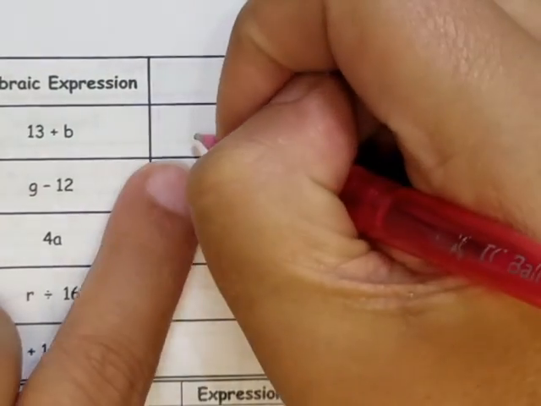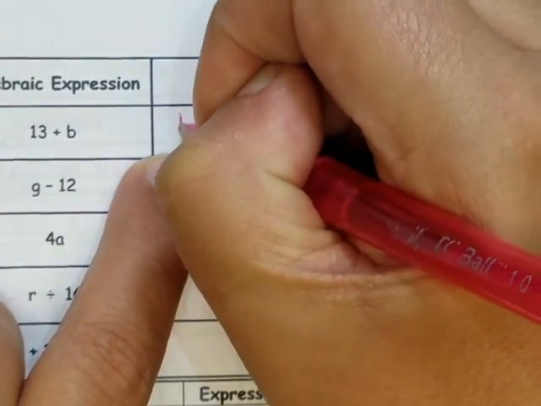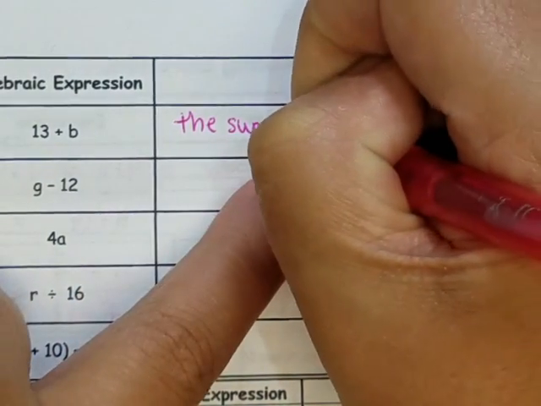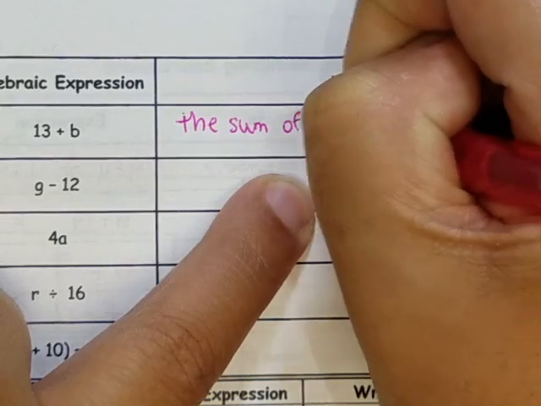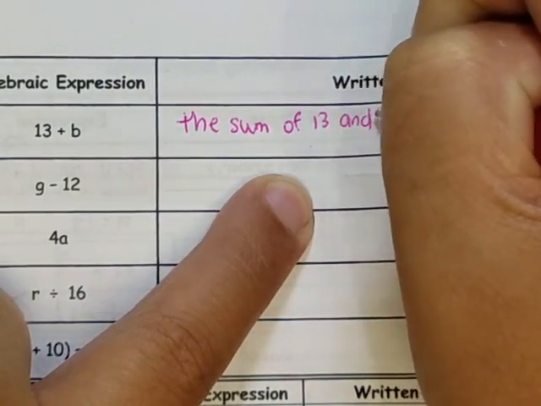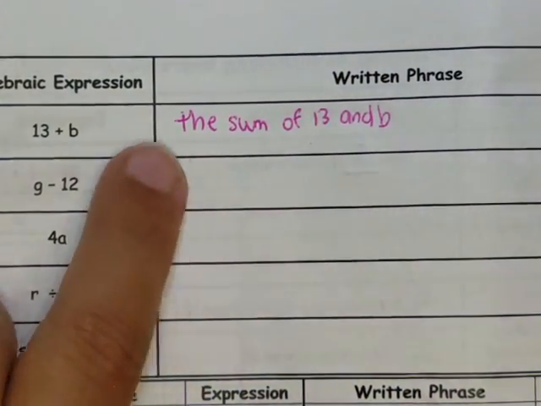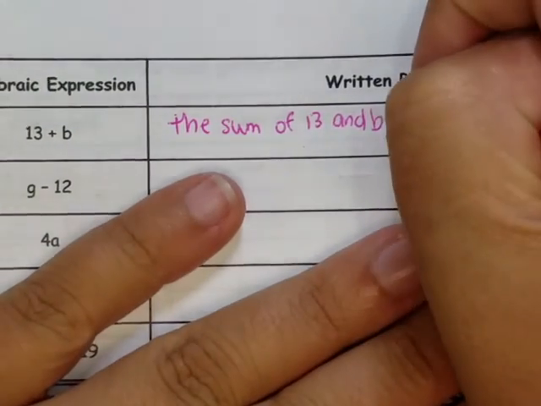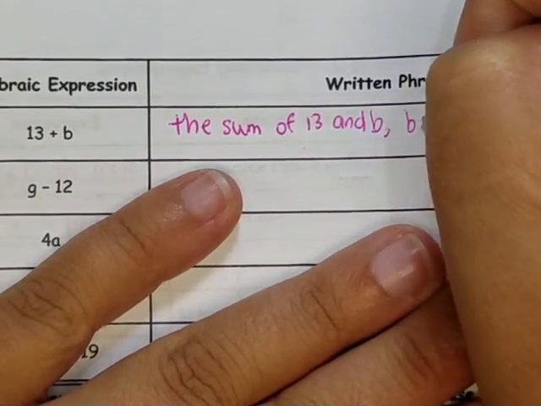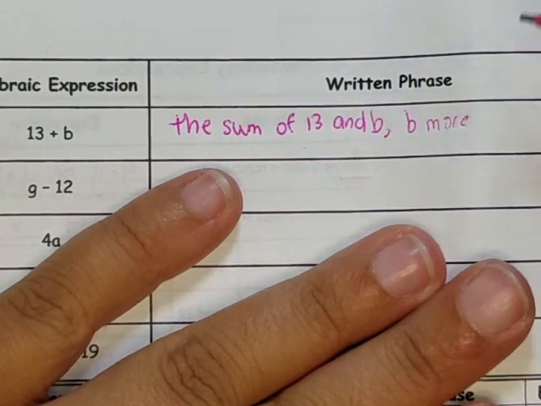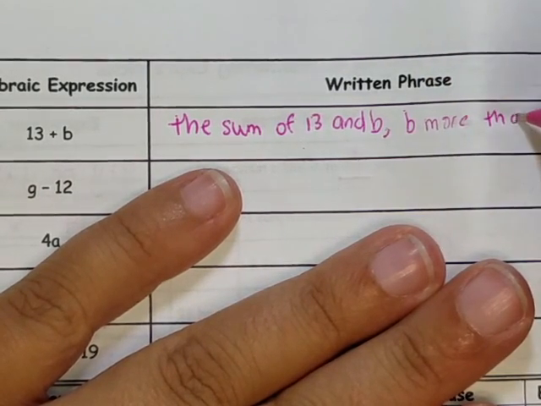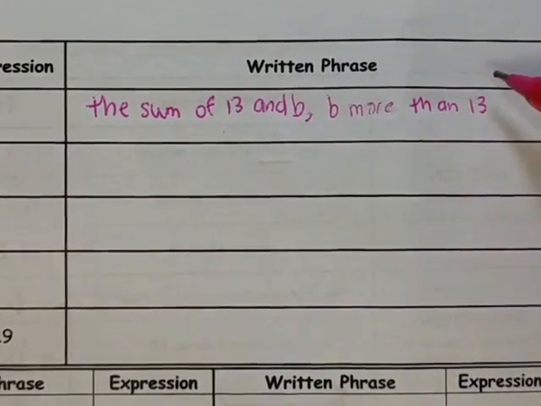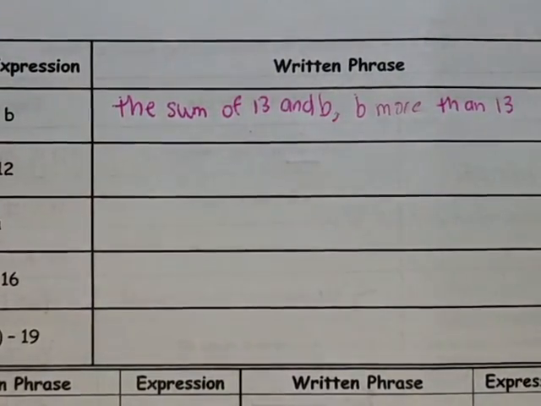So this could be the sum of 13 and b. Another way you could say it is b more than 13. Again, there are multiple ways to say that one.